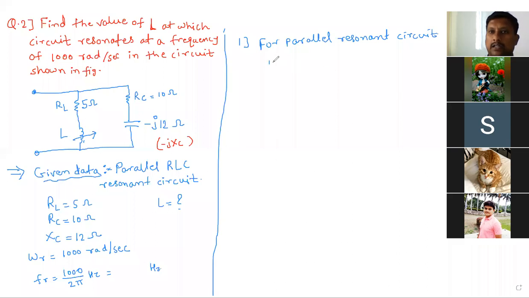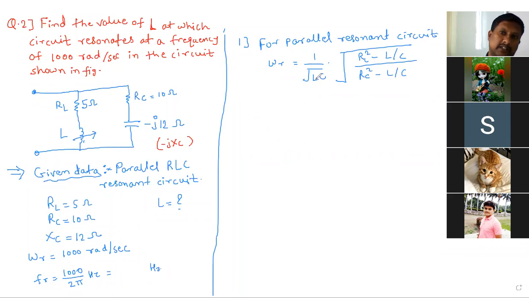Omega R means 2 pi f, so you can take it like this: 1 upon under root LC into under root of (RL square minus L by C) divided by (RC square minus L by C).